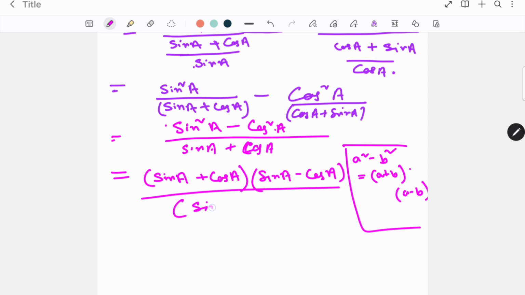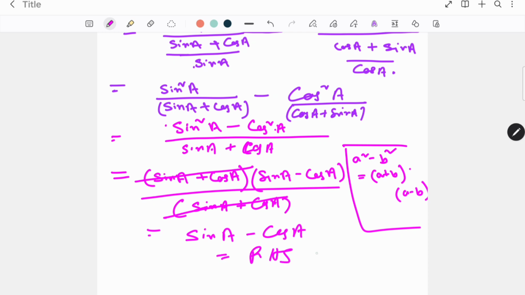Already in the denominator we have sin a plus cos a, so this will cancel. So the remaining thing is sin a minus cos a, and that is only our required RHS. So hence proved.